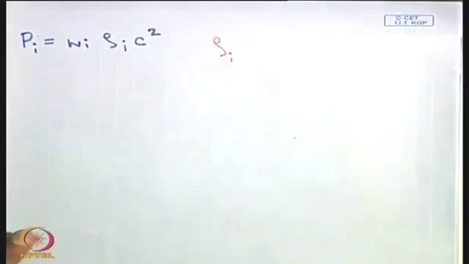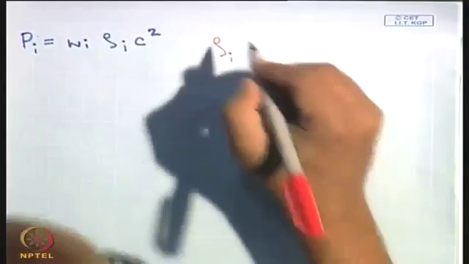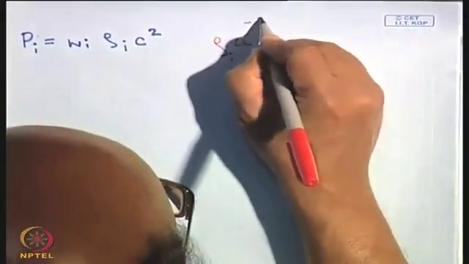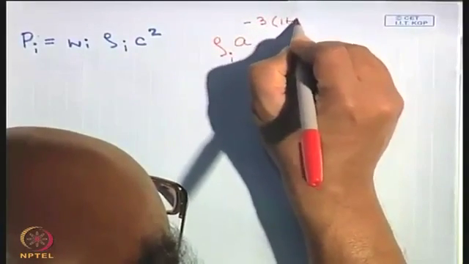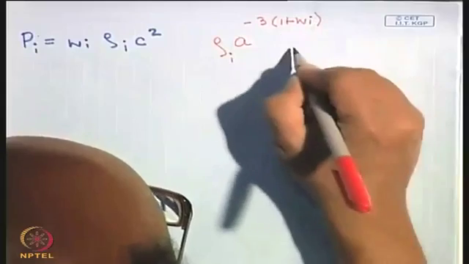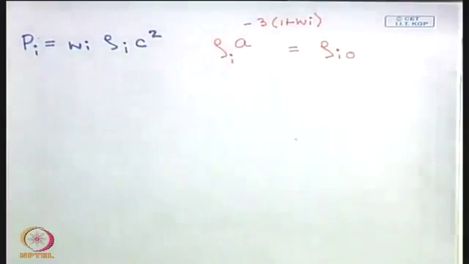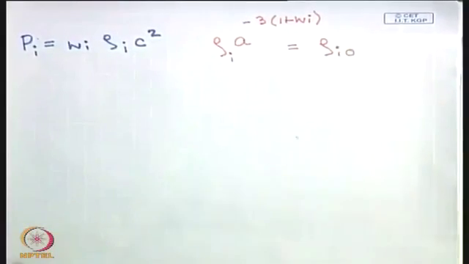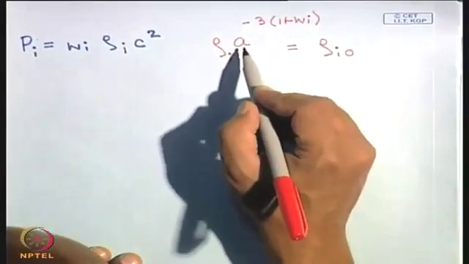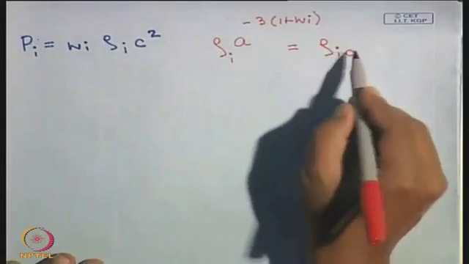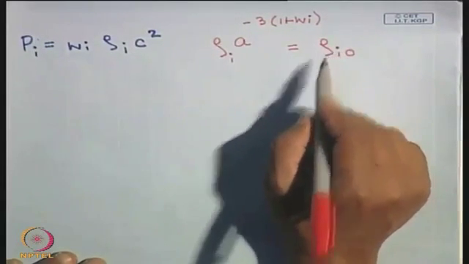So, for the ith component, the density evolves as rho_i a to the power minus 3 (1 plus w_i) is equal to rho_i0 into a_0 to the same power, but we have assumed that the scale factor at present has a value 1. So, essentially the density of the ith component into a to the power 3(1 plus w) is a constant. rho_i0 is the present density of the ith component.